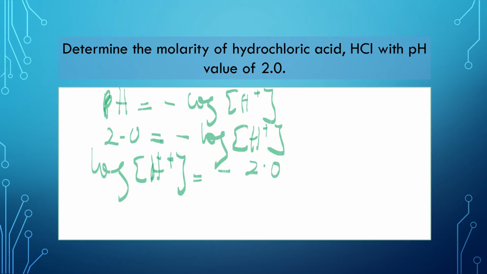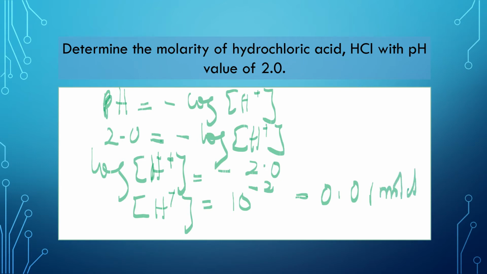Okay, simple mathematics here. Then concentration of hydrogen ion is 10 to the power of negative 2. Okay, then 10 to the power of negative 2 is 0.01 and the unit for molarity is mole per cubic decimeter. Okay, so this is the molarity of hydrochloric acid.